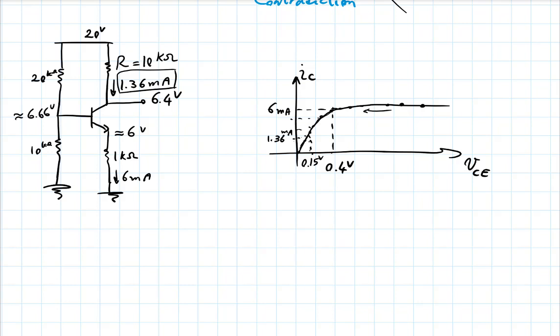And the current of the collector essentially saturated at somewhere around 1.36 milliamps. Now, all of this is with the assumption that nothing has changed in the emitter voltage and in the base voltage, right? I haven't revisited that. But to a first approximation, this is what's happening.